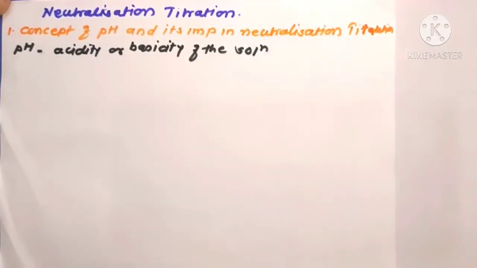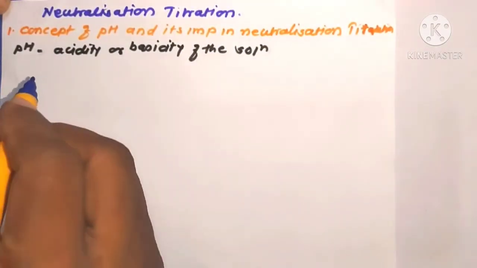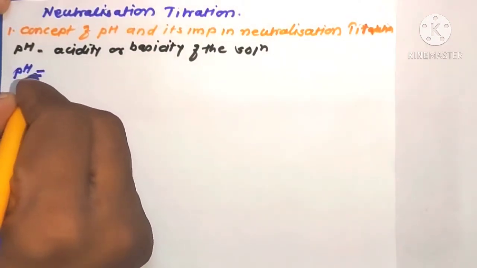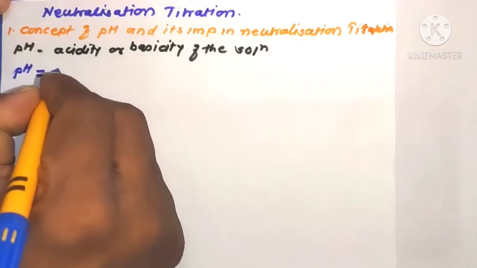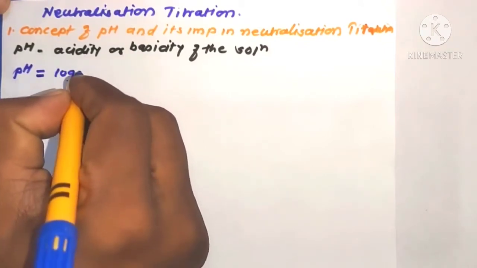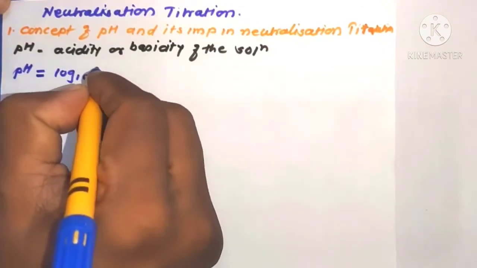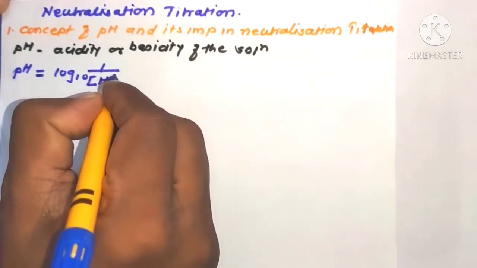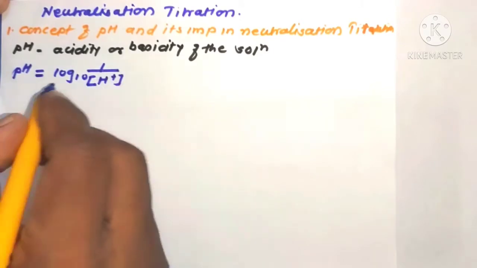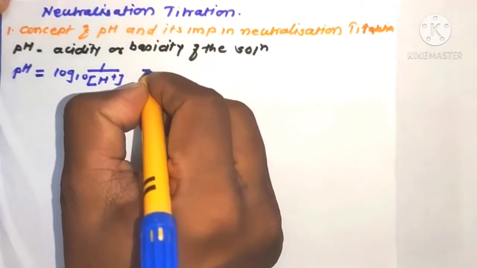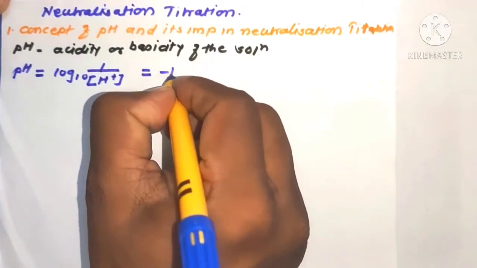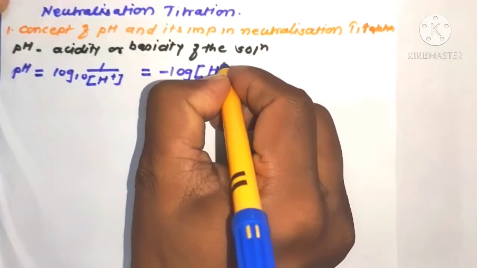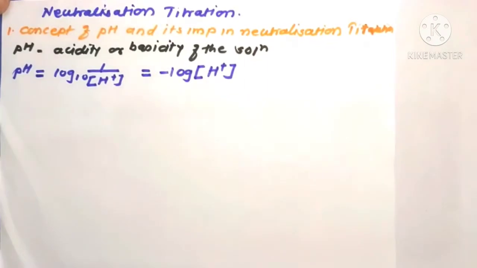Therefore, pH is defined as pH is equal to log base 10 of 1 upon concentration of H plus ion. Therefore, pH is equal to minus log of concentration of H plus ion.